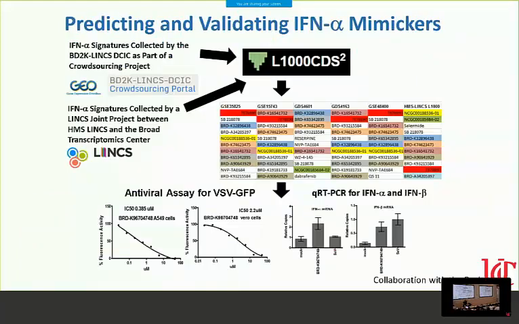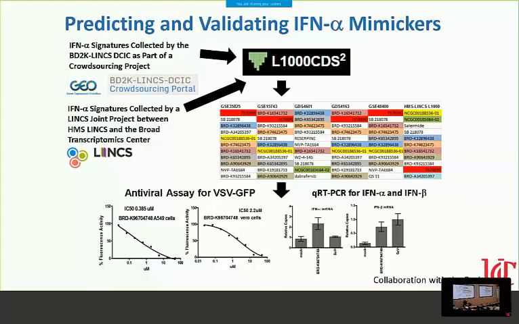We also have a project with Chris Bassler, who moved from Mount Sinai to Georgia State University, and he's now the chair of immunology there. And he's interested in interferon alpha mimickers. So the HMS LINCS group actually profiled interferon alpha in various human cell types and submitted it for L1000 analysis several years ago.